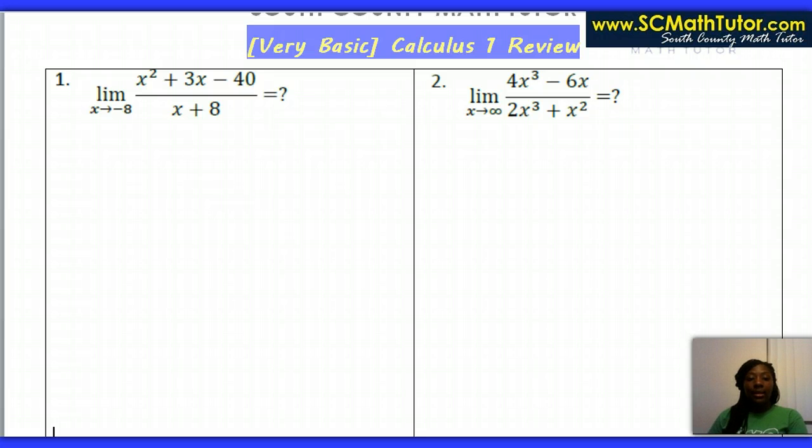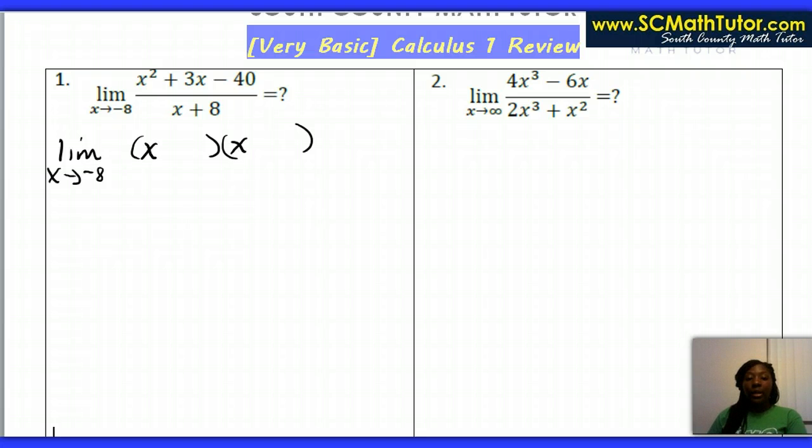So limit as x approaches -8. First you try to plug it in, but notice if you plug in the -8, it makes the denominator 0. So we need to figure out how we can avoid having a 0 denominator, because that's mathematically undefined. So I look at this function and I see that I can factor the top. This is a basic factoring problem.